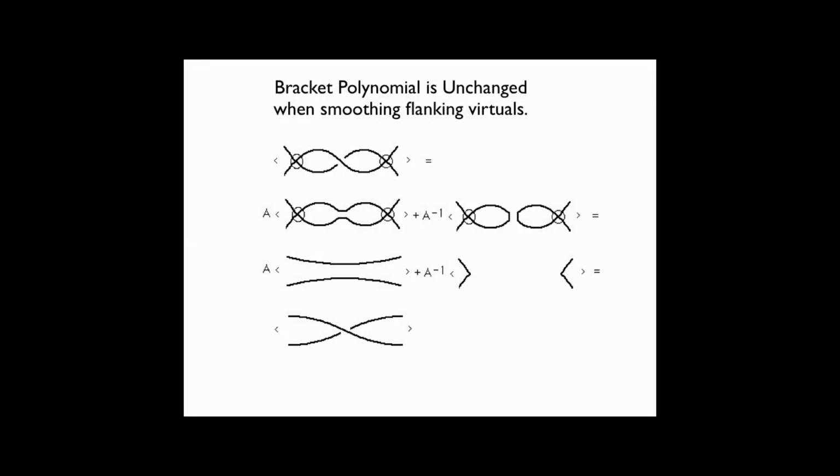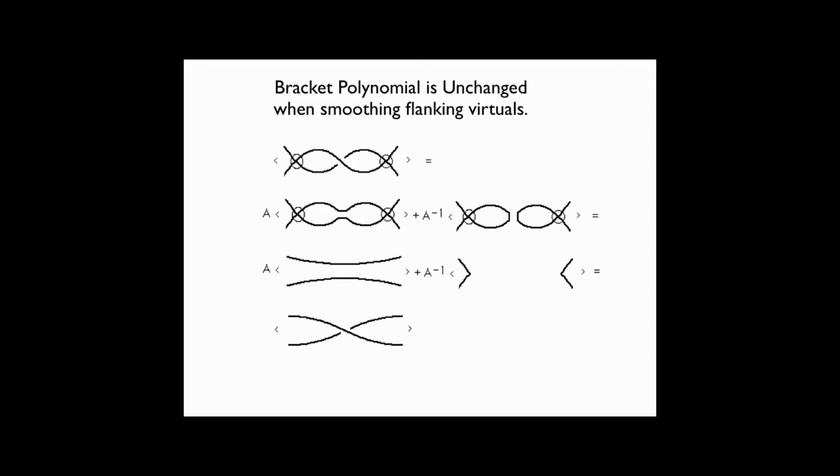Here's another fact about the bracket polynomial for virtuals. Just look at this as a little exercise in expanding the bracket. I have two virtuals flanking an ordinary crossing. And I smooth the crossing one way, and I smooth the crossing the other way.